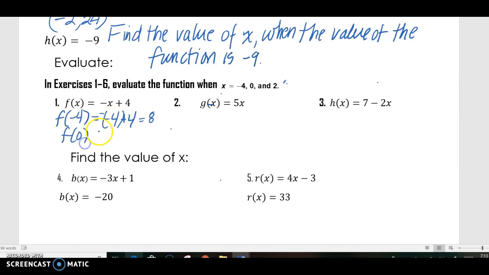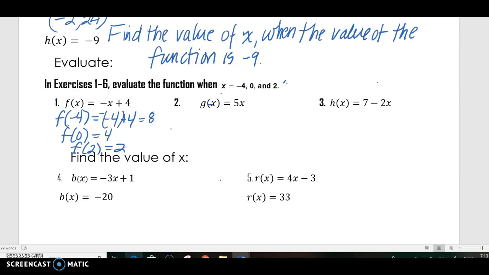That's why it is sometimes helpful to write out your work. The second one is f of 0. When x is 0, there is no opposite of 0, so it's just 0 plus 4, which is 4. And then when x is 2, negative 2 plus 4 is 2. So f of 2 is 2.